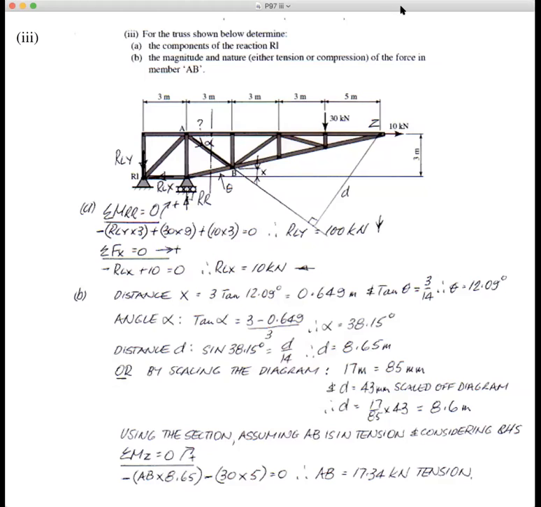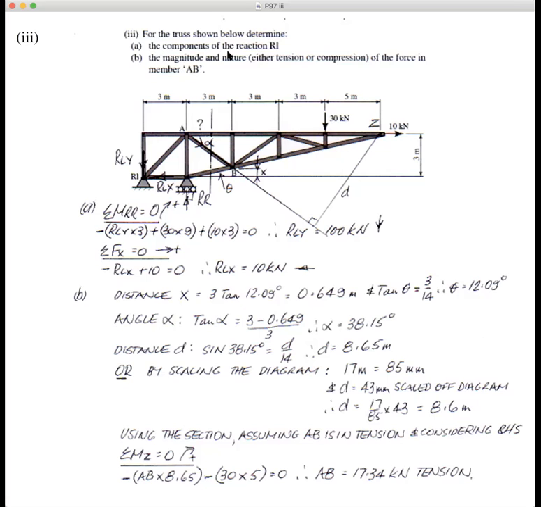Okay, can everyone see that question? Yeah. Okay. Now this is a difficult one. This was asked in an HSC quite a few years ago, and it caused a lot of grief. For the truss shown below, determine the components of the reaction RL. Now remember I told you in one previous lesson that generally the parts of the question are designed to help you with subsequent parts of the question.